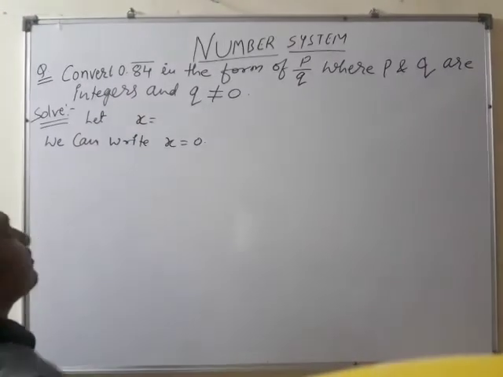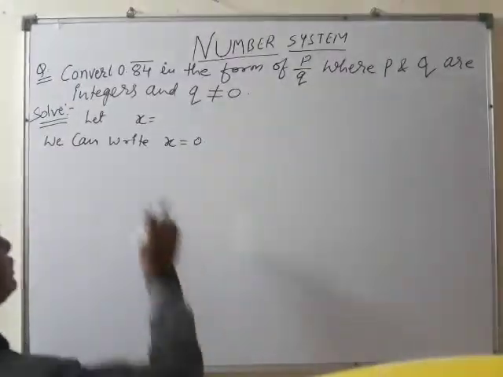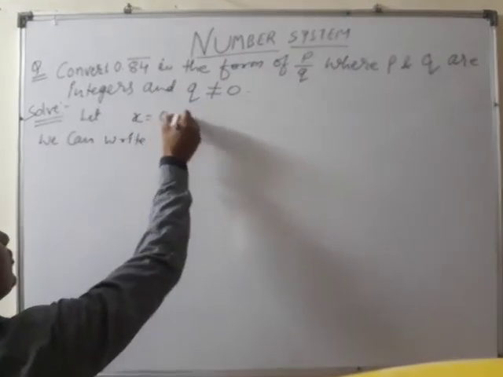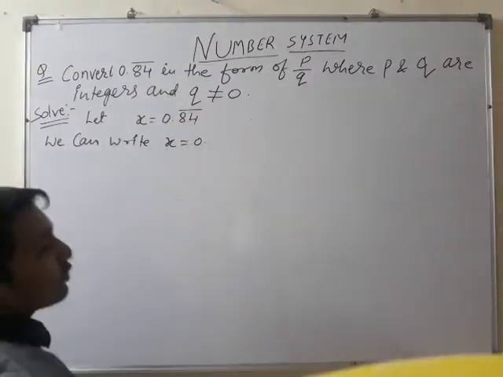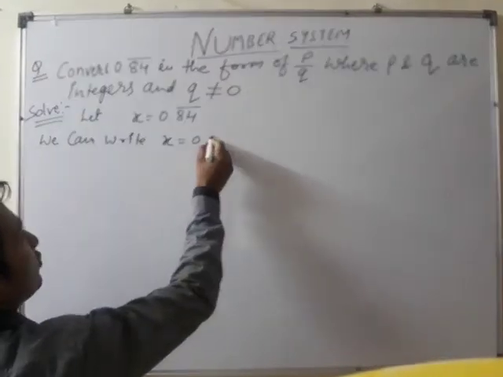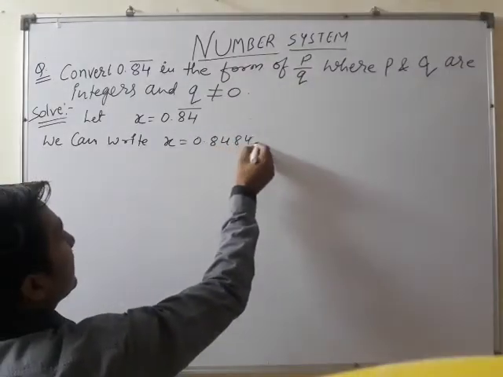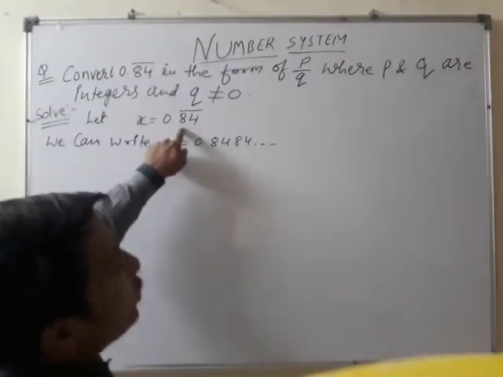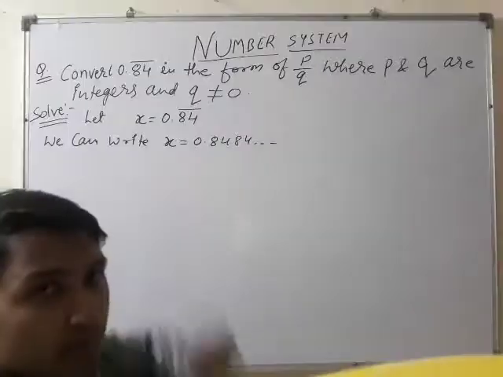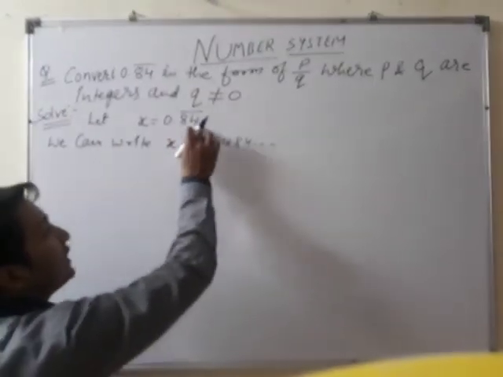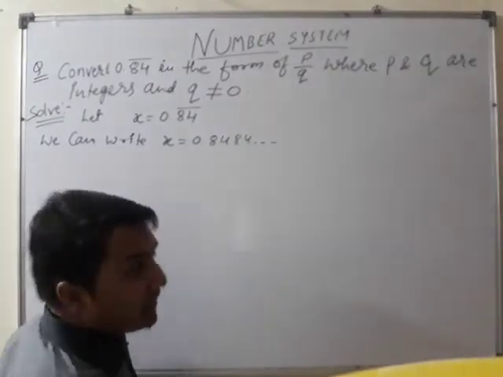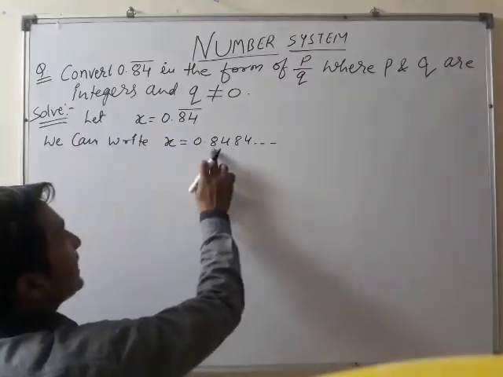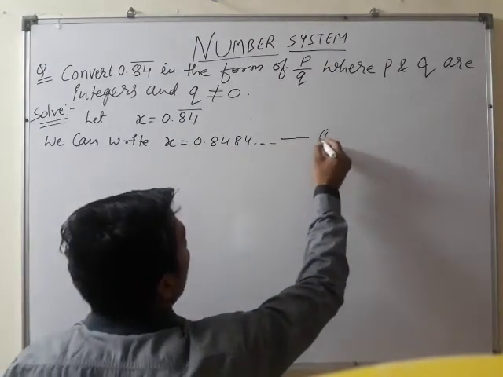This time we'll put the bar on both the numbers. So we'll assume that x is equal to 0.84 bar. So we can write 0.8484 and so on, because the bar is on 2 digits, so both the digits will repeat. So x is equal to 0.8484, equation number 1.